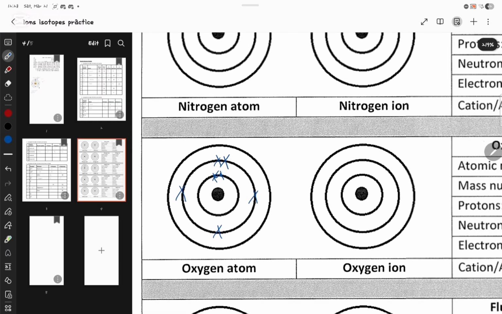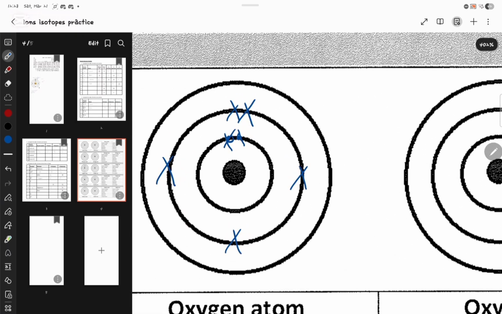Okay. So we have 8 total electrons, but we have 6 VSE, 6 valence shell electrons. 6 electrons on your outermost shell, okay? Ignore this one here, because that's a template that they use for this worksheet.